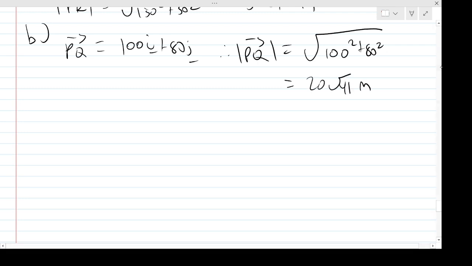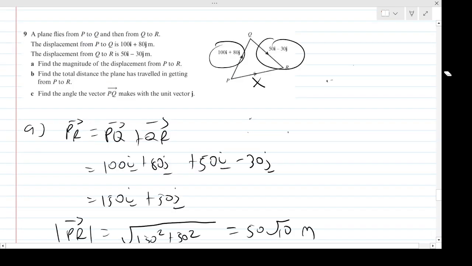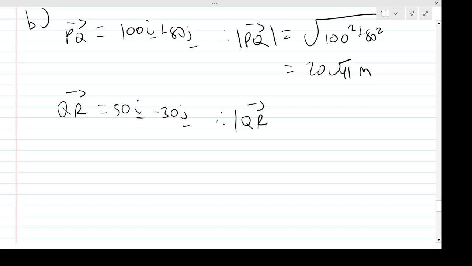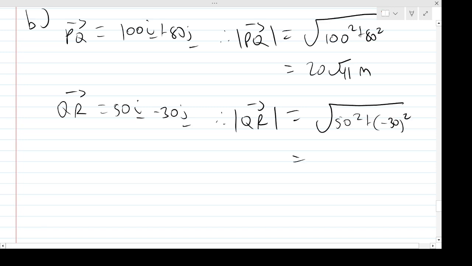And then Q to R here is 50i minus 30j. The length of that, the magnitude, will be root 50 squared add minus 30 all squared, and that would be 10 root 34 meters. And there we are.